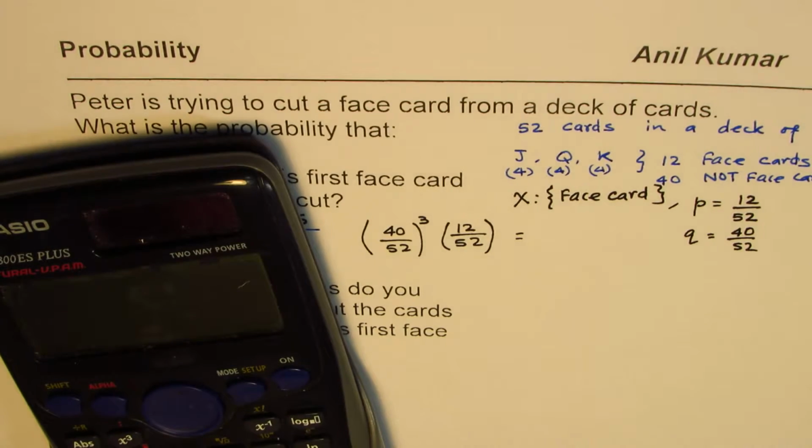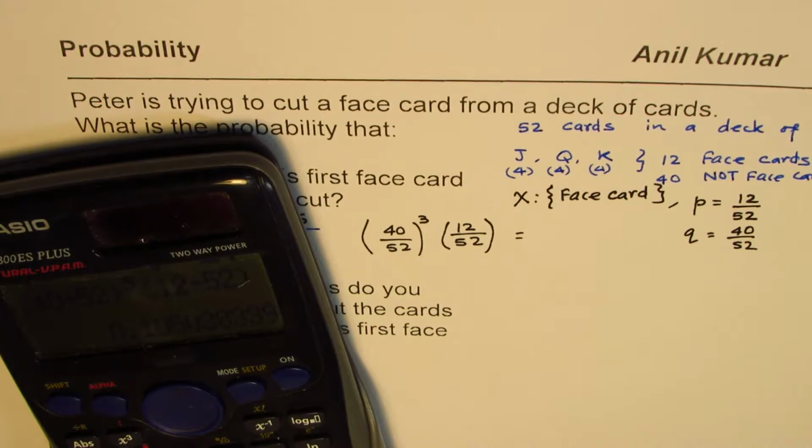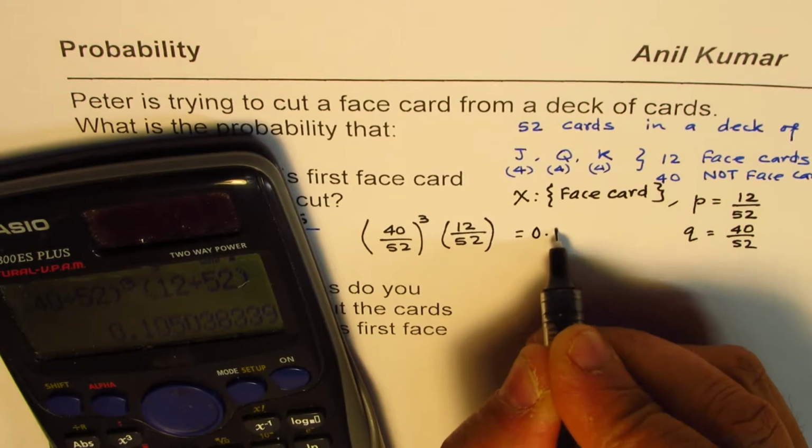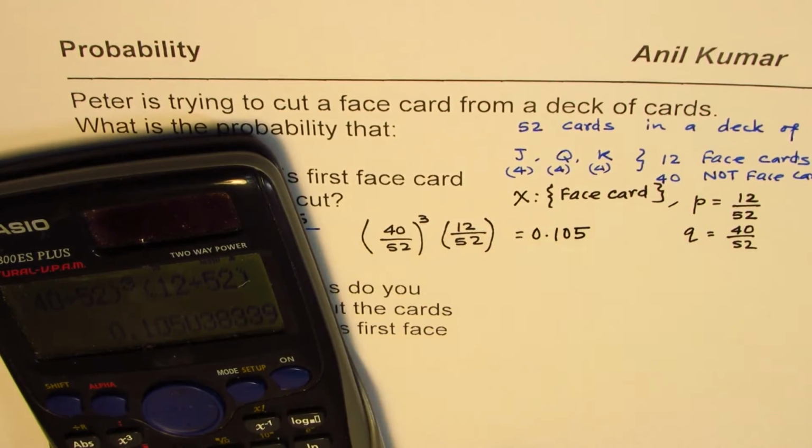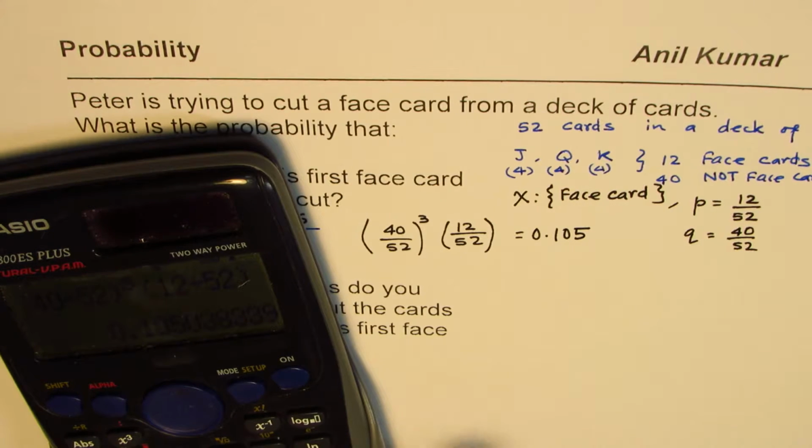It is 40 divided by 52 whole cube times 12 divided by 52, which equals the decimal value 0.105. So that is the answer for this one.